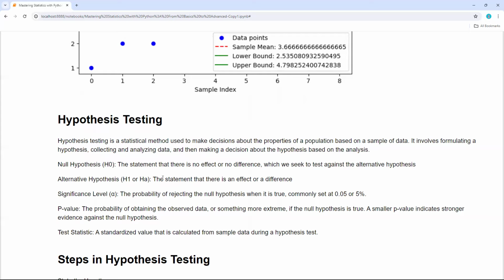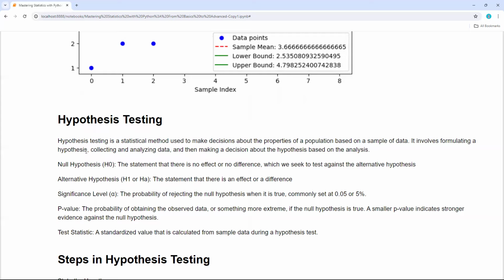I took the test scores before any training, and I also took some scores after some training was provided. So before the training and after the training, if there is any significant difference between the initial and the after-training scores, then that is where this hypothesis testing comes in.